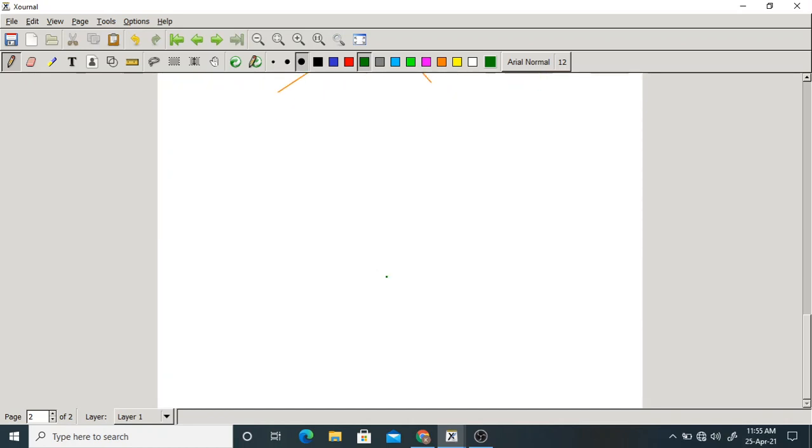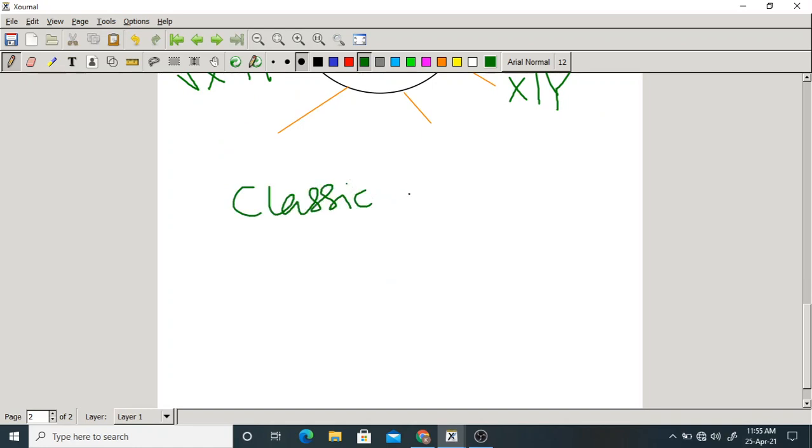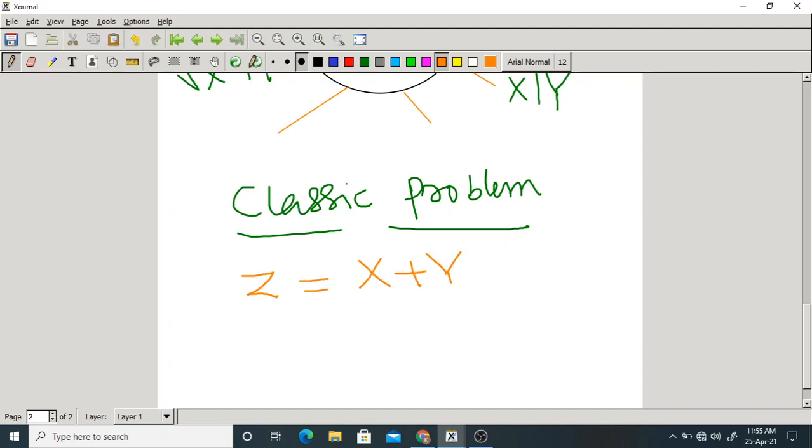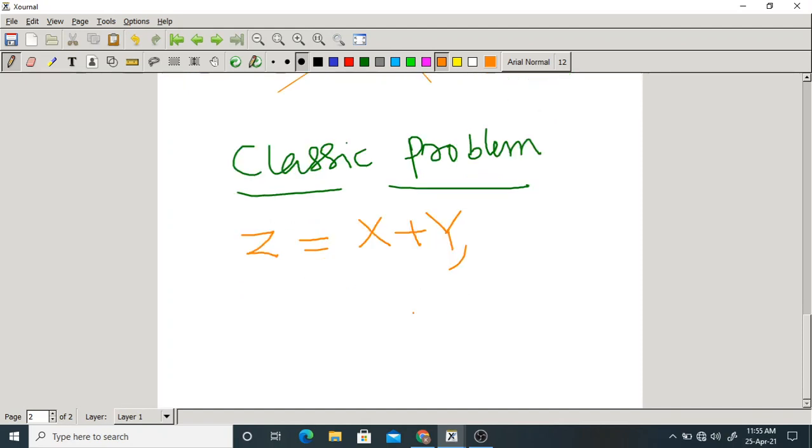Now let us take the classic problem: z is x plus y. What is given to us? You are given the joint PDF of x and y.